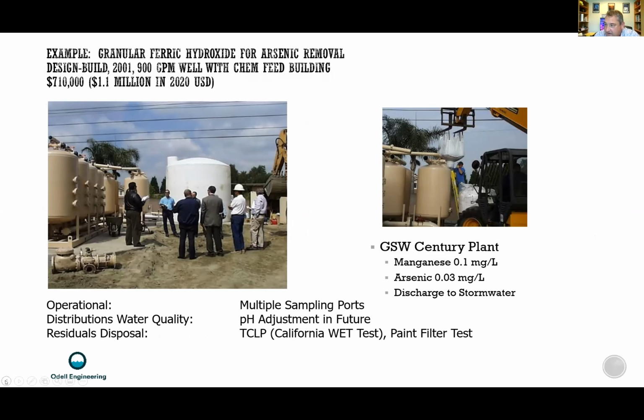The cost of that adsorptive media has not changed that much in the last 15 or 20 years. It's still, and maybe even gone up, it's still 100 to 300 dollars per cubic foot, which is pretty expensive. So if you have to replace it very frequently, you're spending a lot of money on adsorptive media.